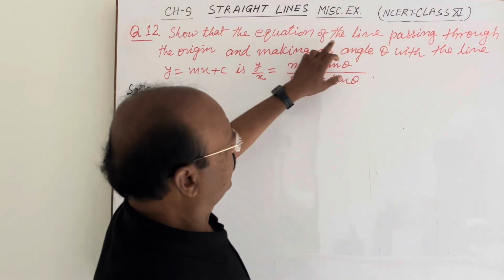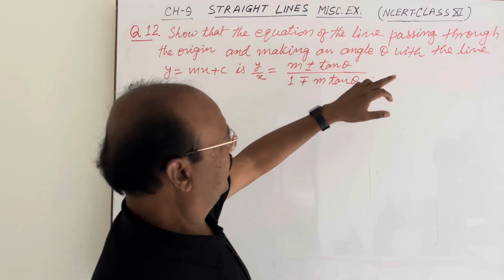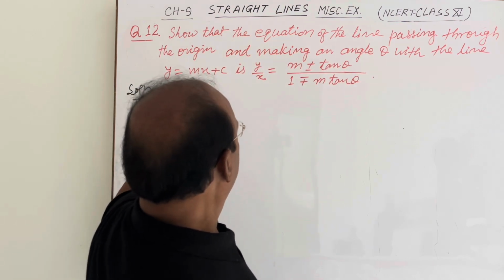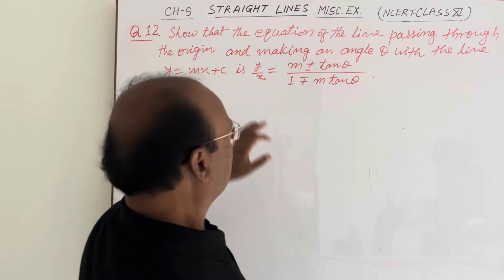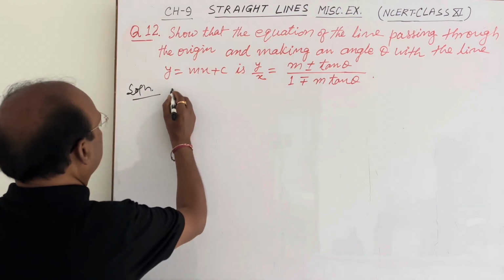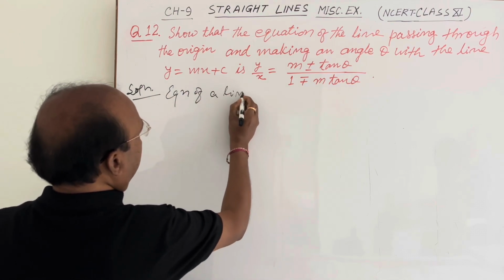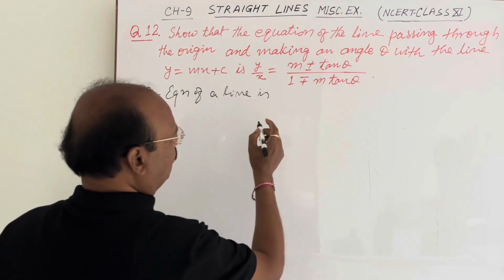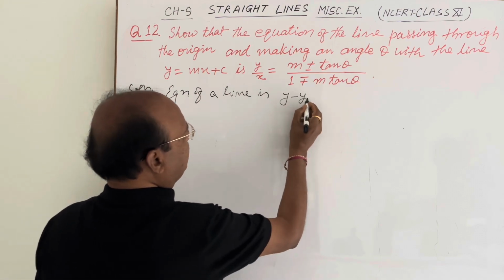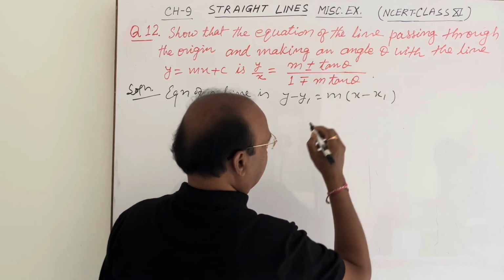We know the equation of the line passing through the origin and making an angle of theta with the line y is equal to mx plus c. We will use the slope point form here. The slope point form is y minus y1 is equal to m times x minus x1.